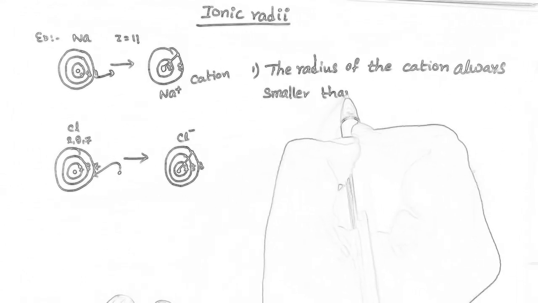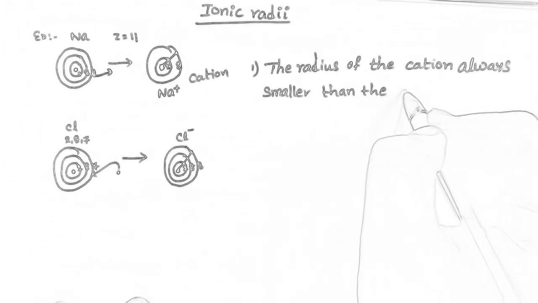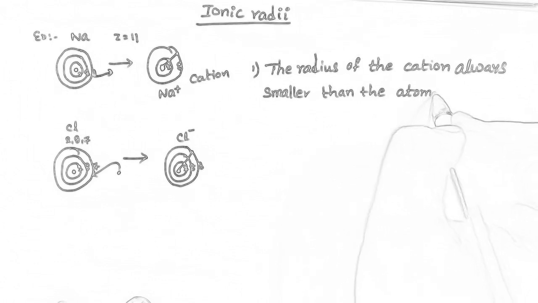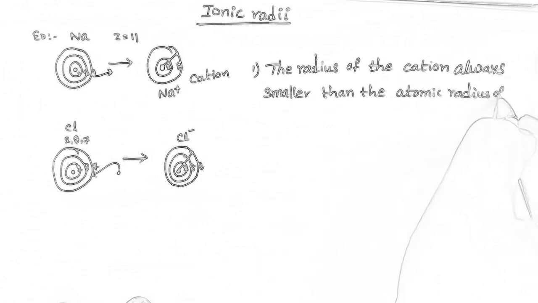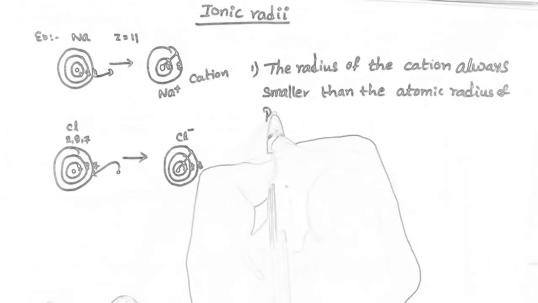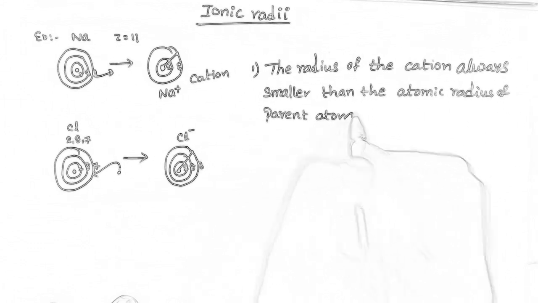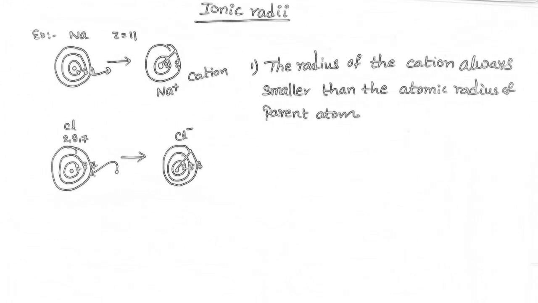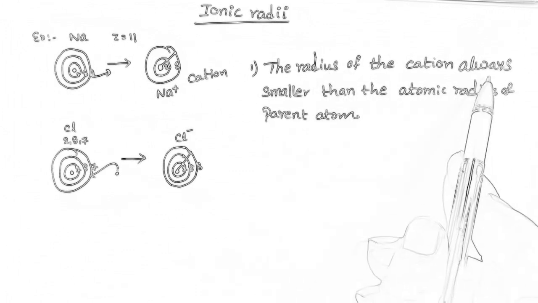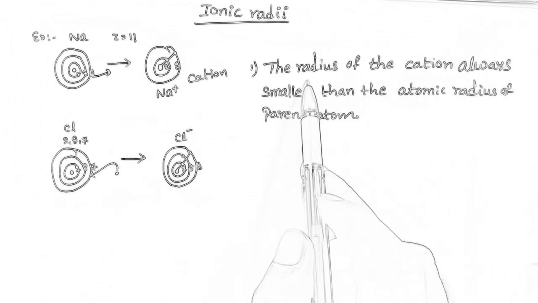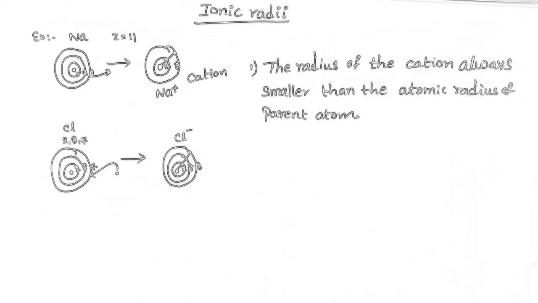This sentence is very, very important. The radius of the cation, this is ionic radius, is always smaller than the atomic radius of the parent atom.